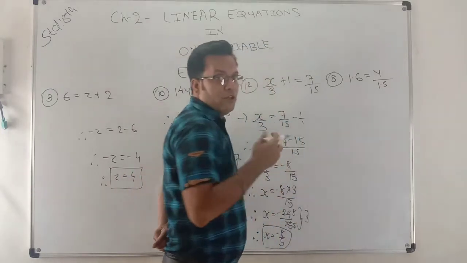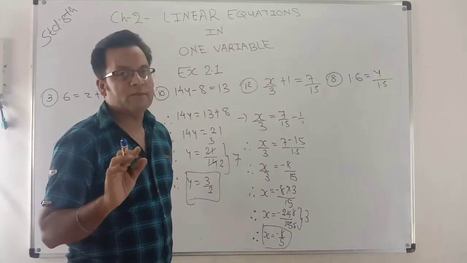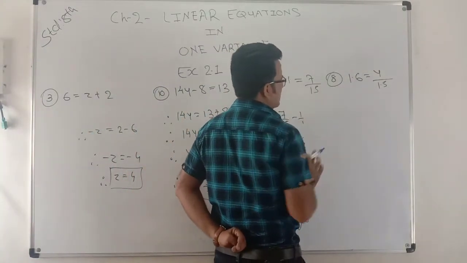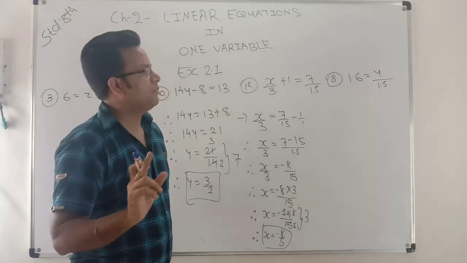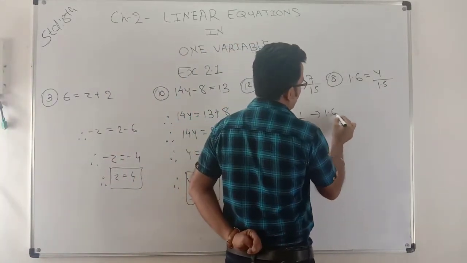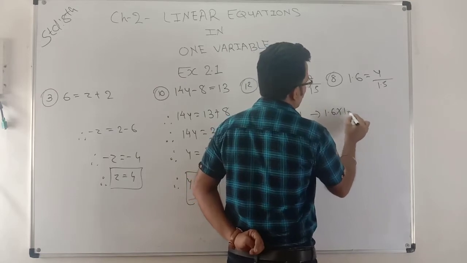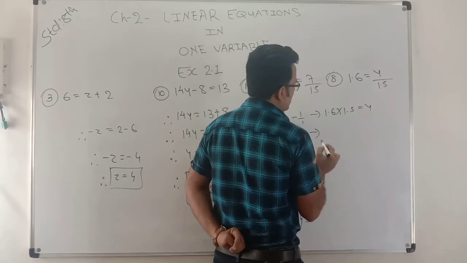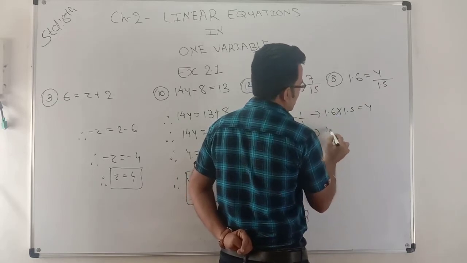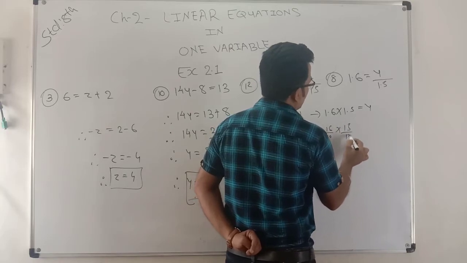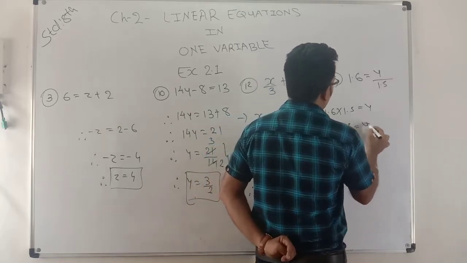Now this sum, you have to remove the point first of all, okay, to understand this sum. See here what happens. 1.6 is equal to y upon 1.5. So 1.6 into 1.5 is equal to y. So 1.6 means 16 upon 10 into 15 upon 10 is equal to y.